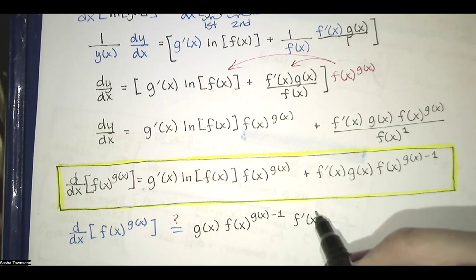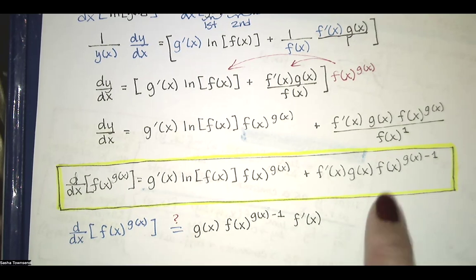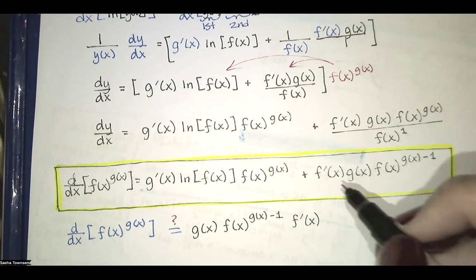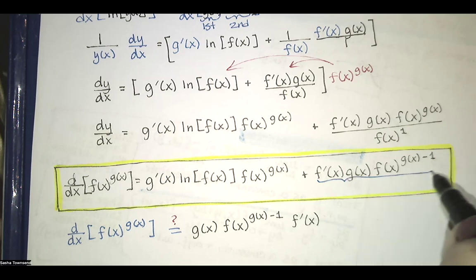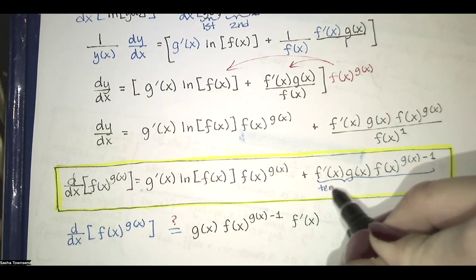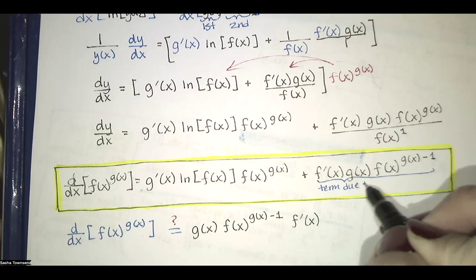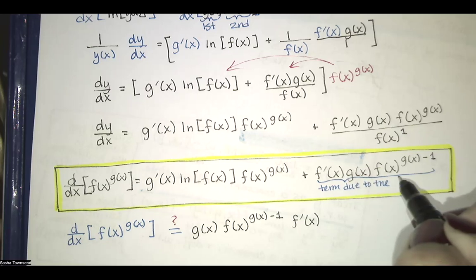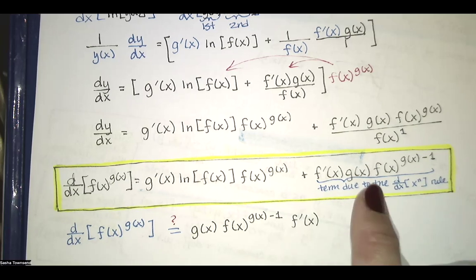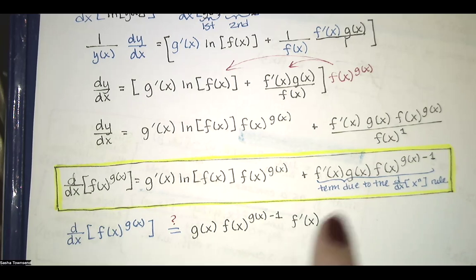We have an f prime of x. And that is what we have for our second term over here. I'm going to say this is the term due to the derivative with respect to x of x to the n. We apply that x to the n rule to our original function, that's what we get.